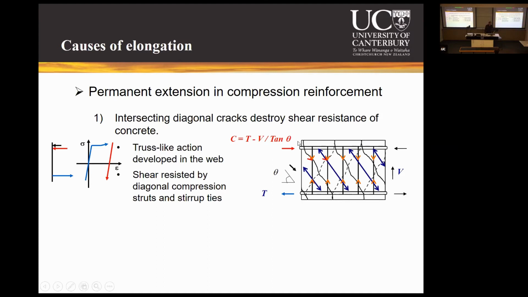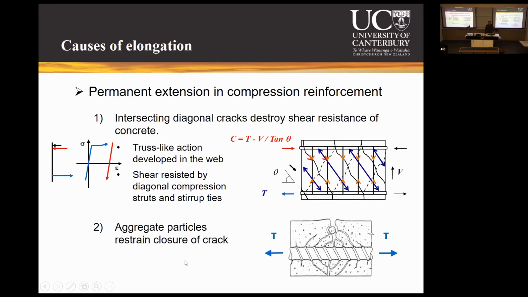Whereas these bars which are going in compression would have already gone in tension in the previous cycle. And when they unload, they don't need to come back fully, because the amount of force they need to develop is much less than what the tensile force needs to develop. So for equilibrium also, there is a residual strain in the middle, which keeps on increasing in each cycle. So that is mechanism number one.